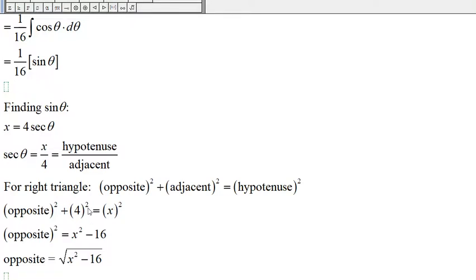4 squared is 16. And so we get opposite side squared is equal to x squared minus 16. Take the square root of both sides, we get the opposite side to be the square root of x squared minus 16.